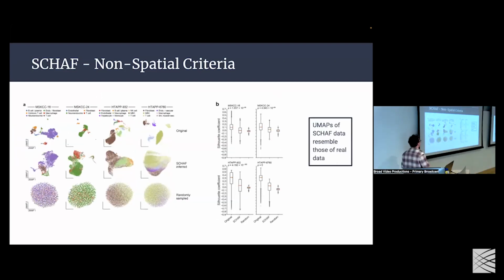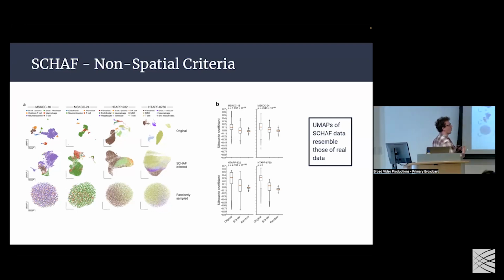And then also we can look at UMAPs, and this is more or less asking the question of, we try to visualize this data. At the moment, we don't really have spatial criteria. We do in a few slides, but not at this slide. We'd like to just say, okay, we can visualize our single cell data, and how close are the visualizations between our original data and what SHAF gives us.